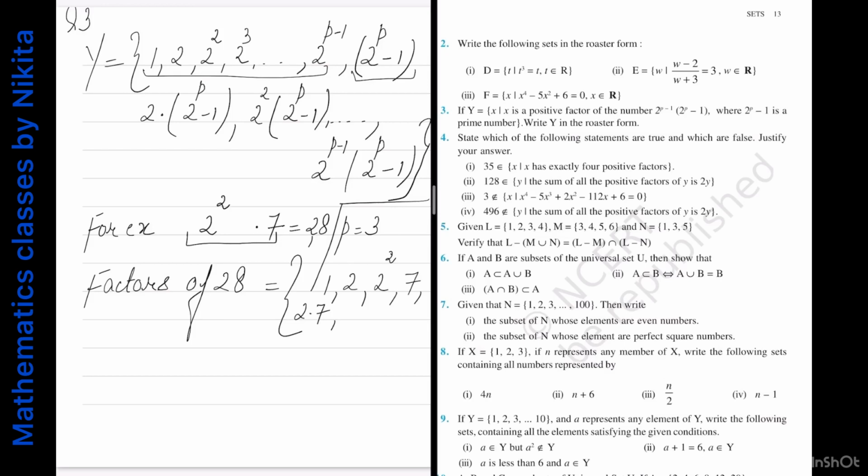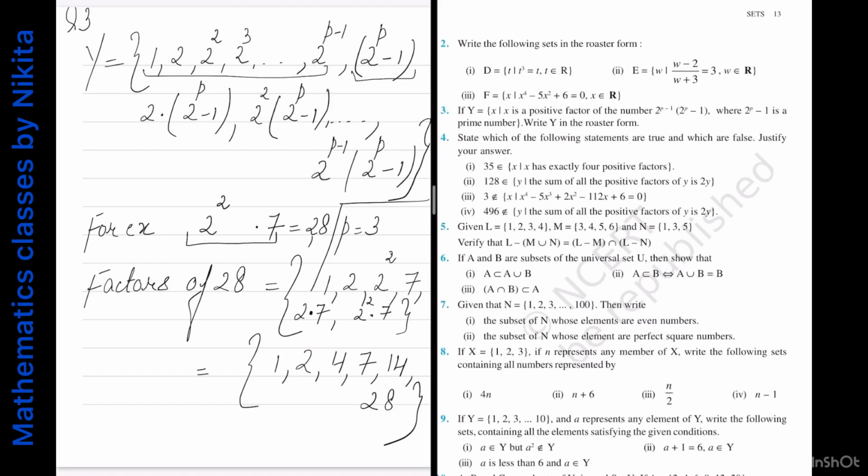So 14 divides 28, and then we have 2 square into 14, which is the number 28 itself. So this is the set of all factors. Basically we have 1, 2, 4, 7, 14 and the number 28 itself. So this is how you have to find this set.